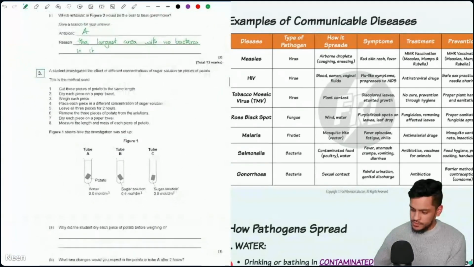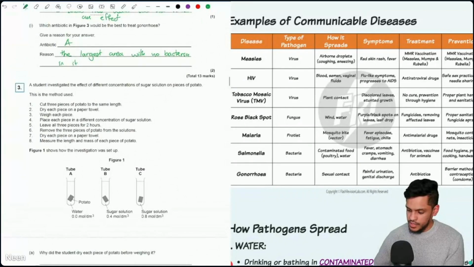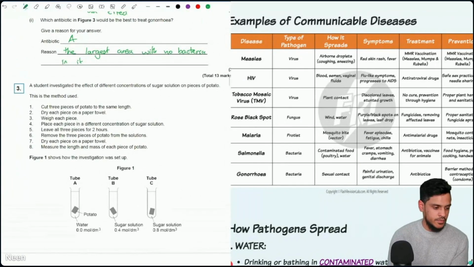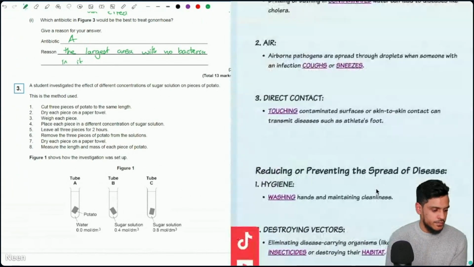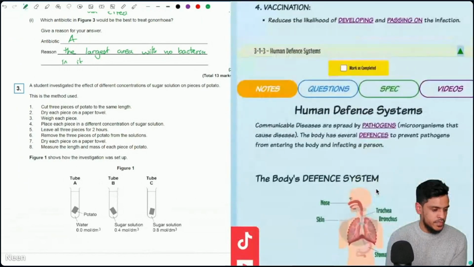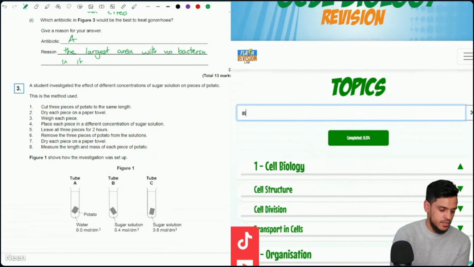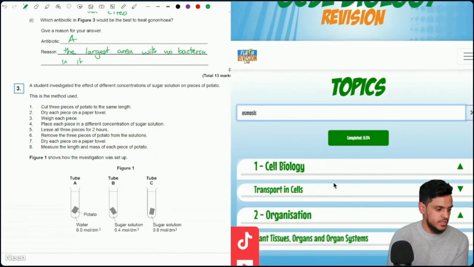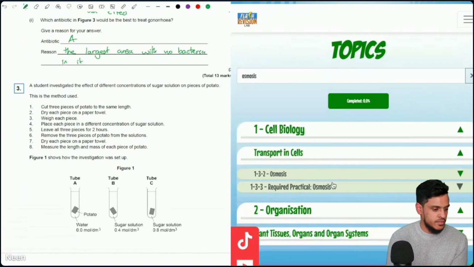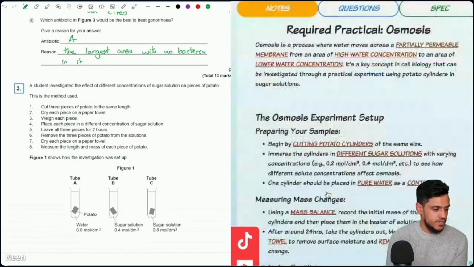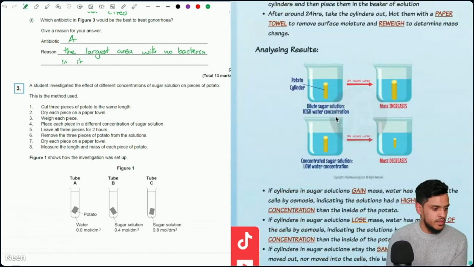Okay, next one. This is a required practical. Let me show you on the website. This comes under osmosis, the osmosis practical, so you can search the topics: osmosis, transport in cells. This practical here is the one with the potato cylinders in a liquid.